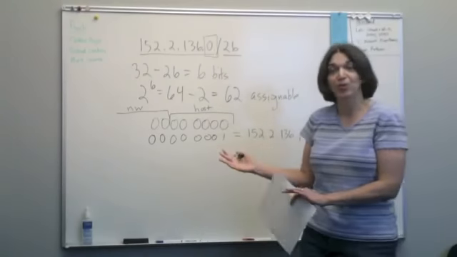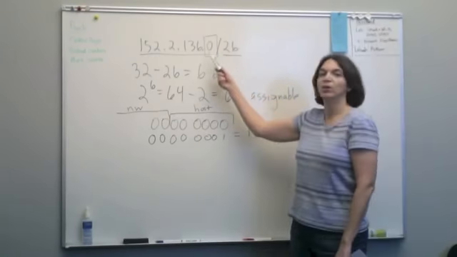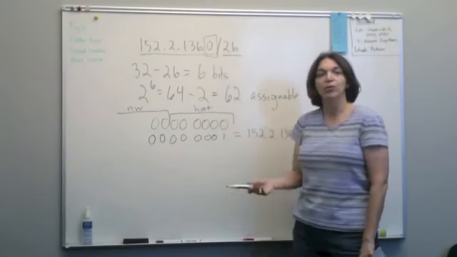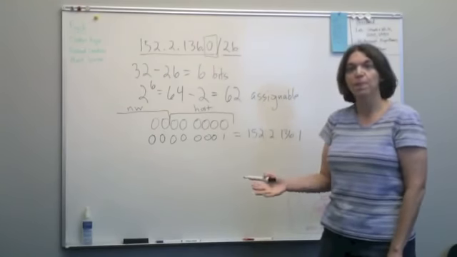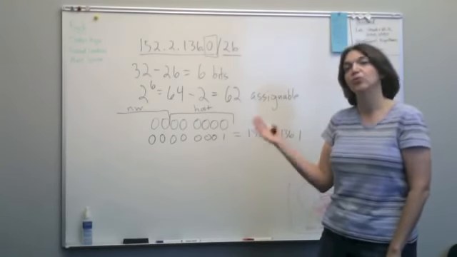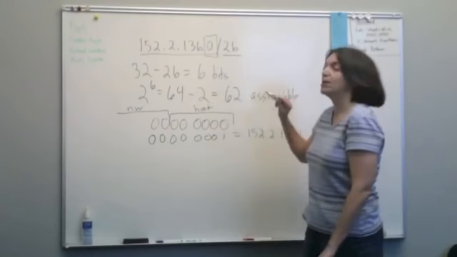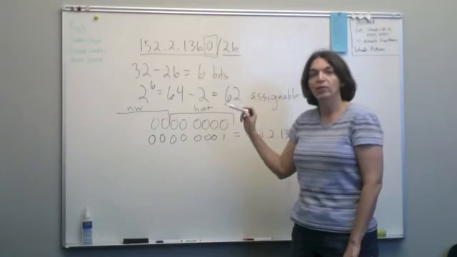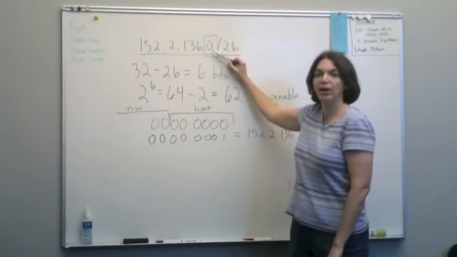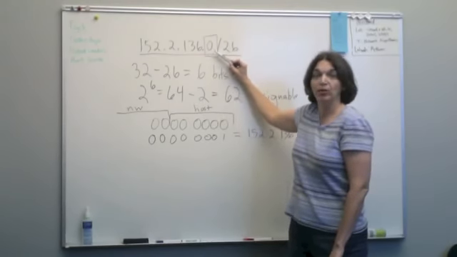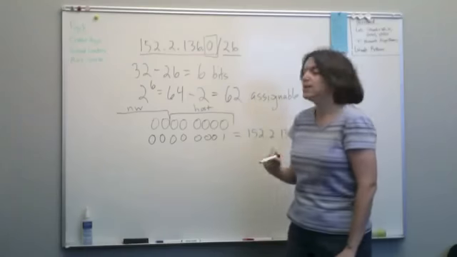Another easy way to do this is that the network address has all of the host bits 0, and the first assignable IP address is all the host bits 0 except the last one. So the first assignable IP address is always going to be 1 plus the network address. So that's a trick.